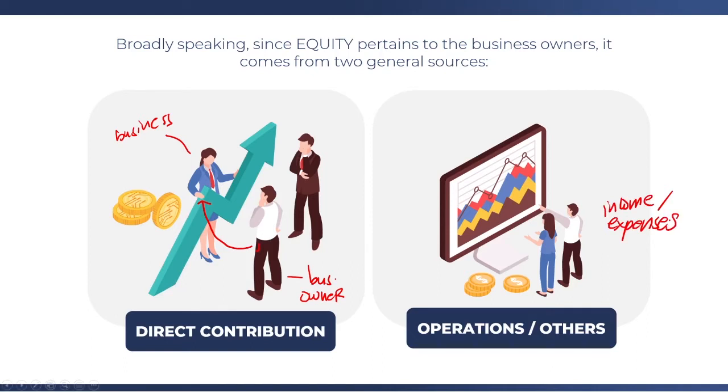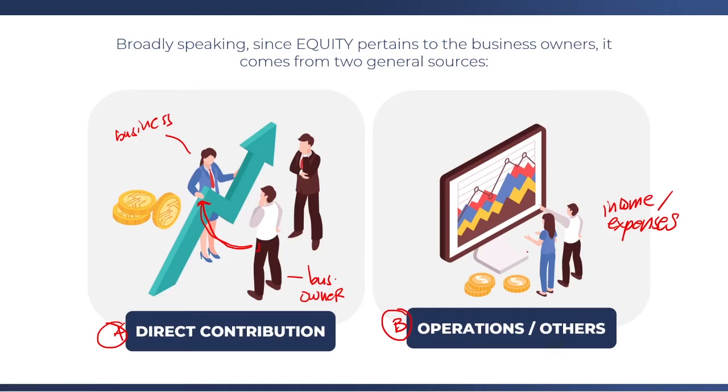The results of these activities will eventually redound to the owners or shareholders, or to equity. This is different from A, and this is B. So operations, the second one, is different from A because in A here, equity increased because there was money that came from the shareholders' pockets.